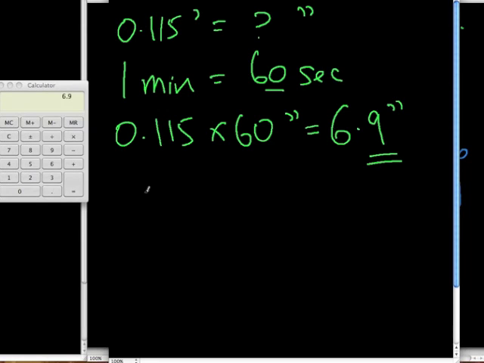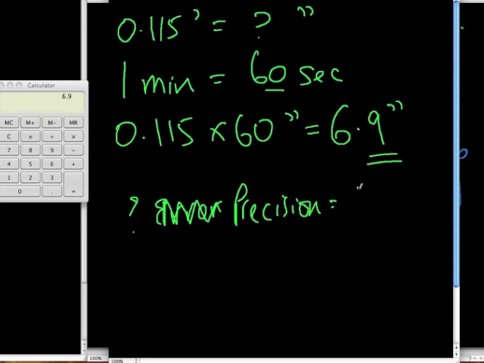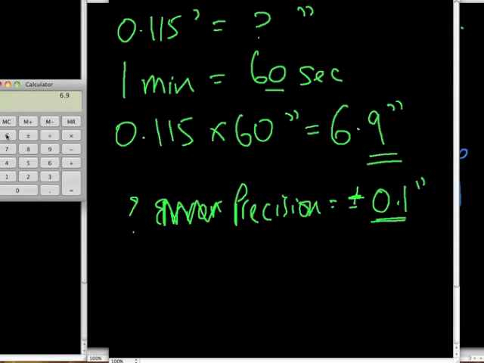And if we try assuming our error, or our precision, is plus or minus 0.1 seconds, well, what's that in degrees, so that we can apply it to the other number that we had. So we're going to go back the other way again.